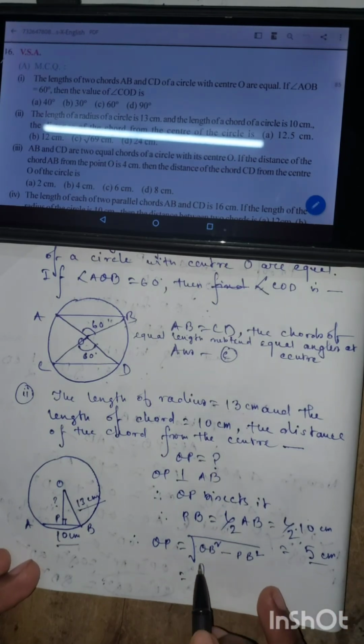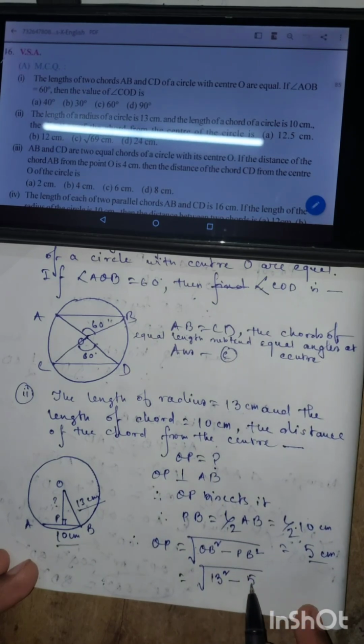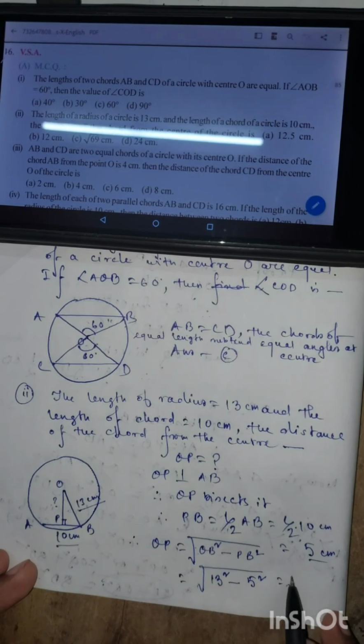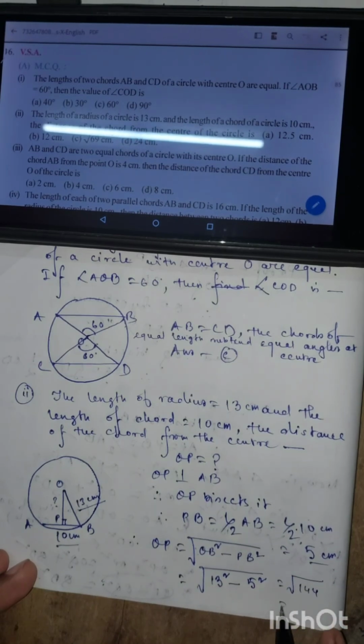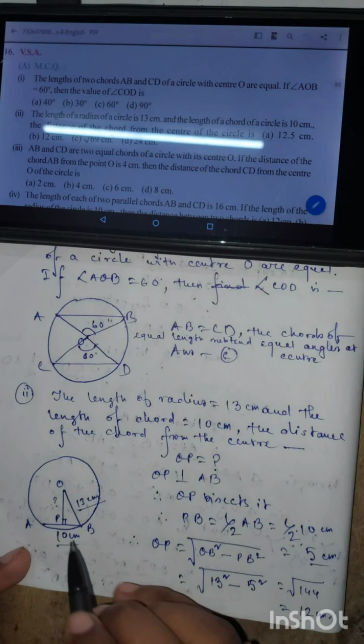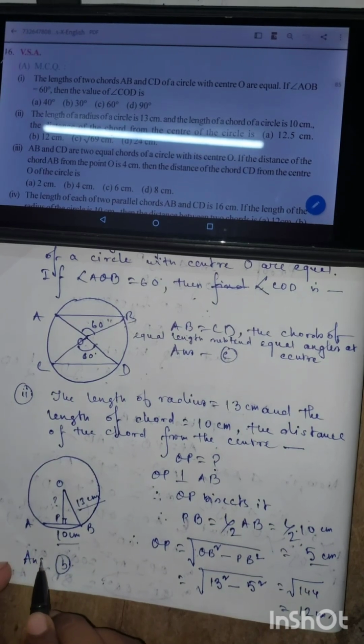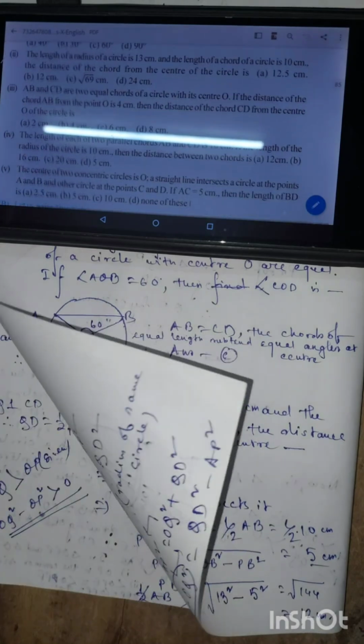So this is equal to 13 square minus 5 square, which is equal to root over 144, which is equal to 12. So 12 centimeter is our answer. OP is 12 centimeter. So option B is correct. Now let us proceed to question number 3.